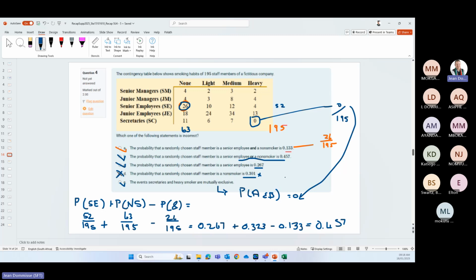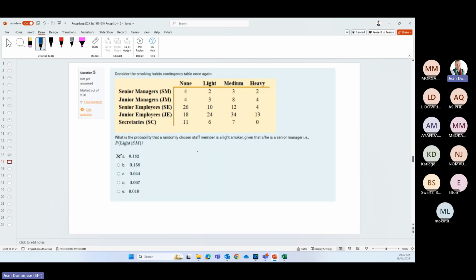So if the probability is 0, it means it is mutually exclusive. Okay, so that is a look at the probability study unit, where I ask you a bit of theory, a bit around the definitions and the probabilities, and then also a table. I've got one more, again with the same table.